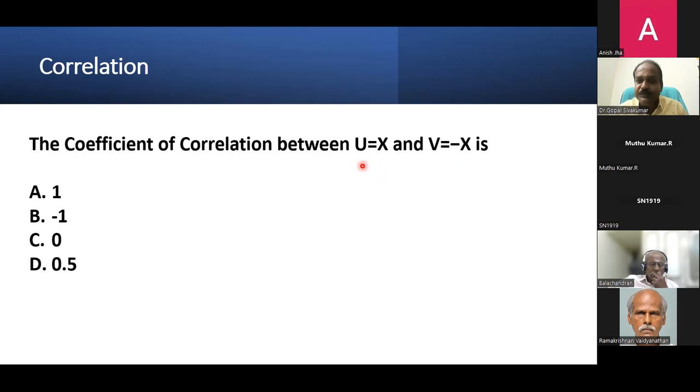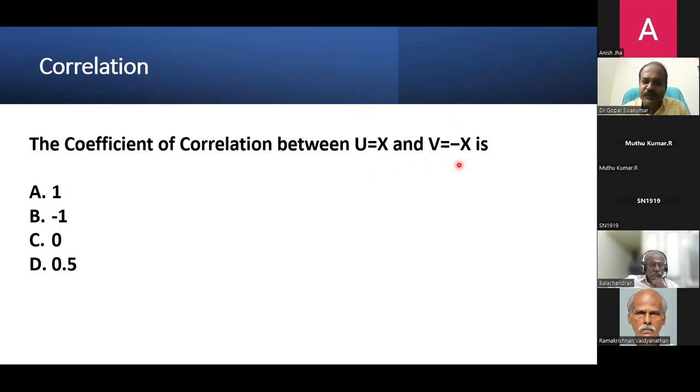Now what happens to u? u also increases from 0 to 1. Can you see your u going up when x is increased from 0 to 1? But coming to v, when I increase the x from 0 to 1, v is going down to -1. So as u is going up, v is going down.